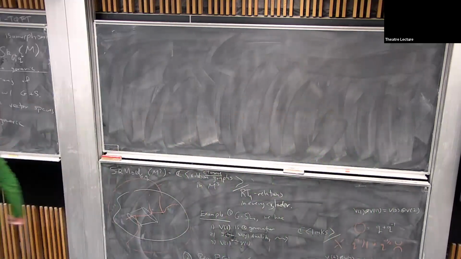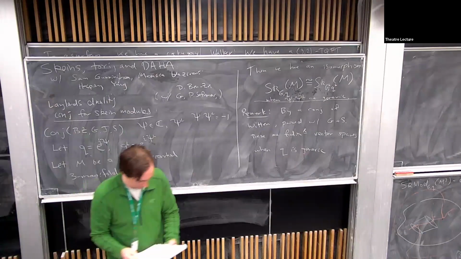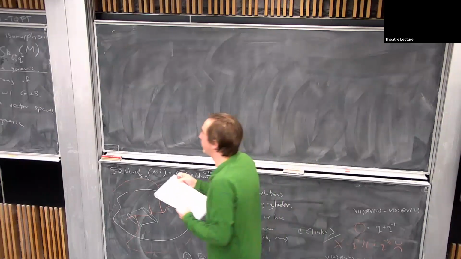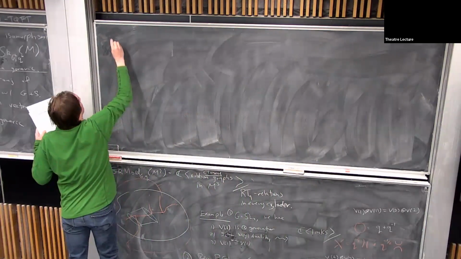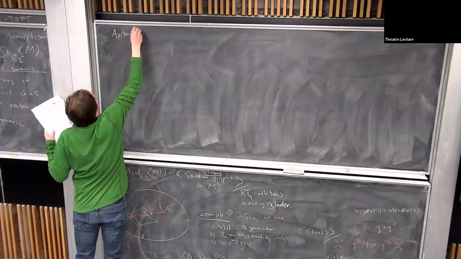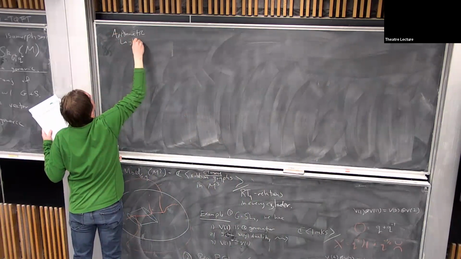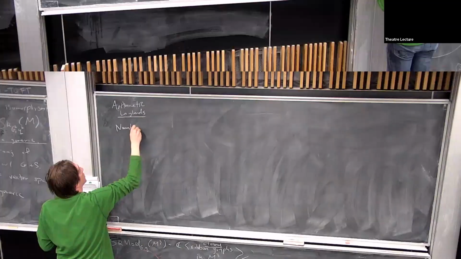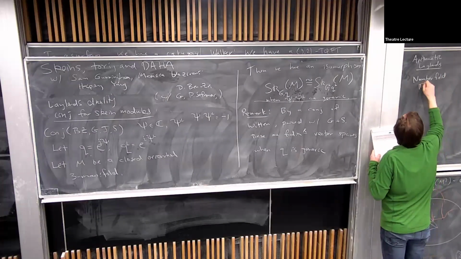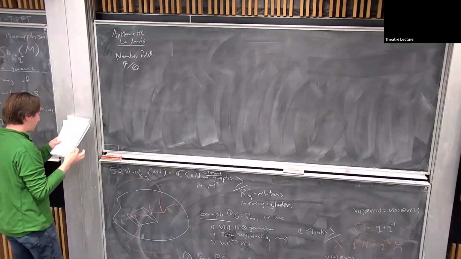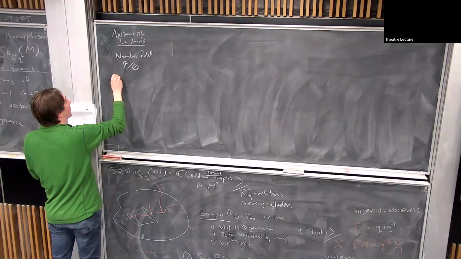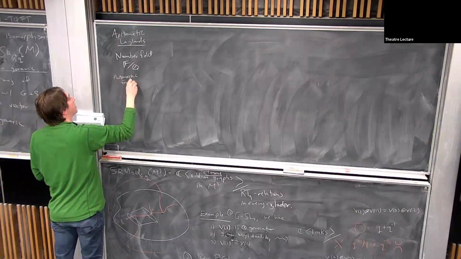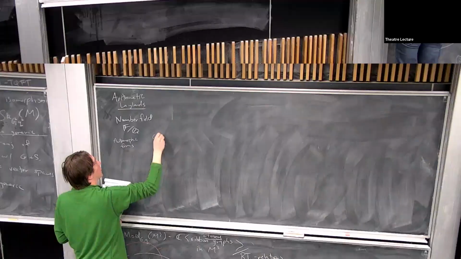Let me explain what this has to do with geometric Langlands, but I'll be a bit brief. Actually, let me first recall arithmetic Langlands very briefly. For arithmetic Langlands, we study some number field F defined over Q, and we have what are called automorphic forms and Galois representations.